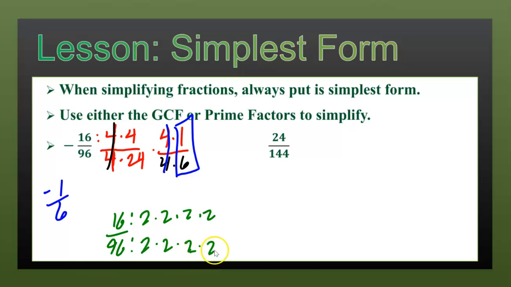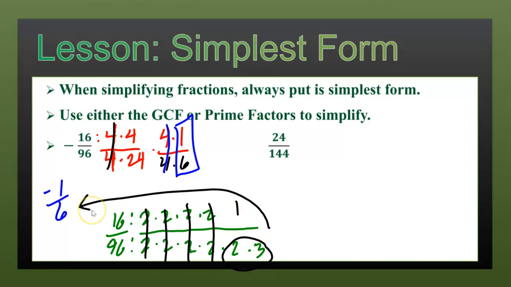And half of 12 is 6. And half of 6 is 3. So here's 2 times 2 is 4. 4 times 2 is 8. 8 times 2 is 16. 16 times 2 is 32. And 32 times 3 is 96. Now, if I look at what I have up here, this 2 divides out, this 2 divides out, this 2 divides out, this 2 divides out. I'm left with 1 on top and 3 times 2 on the bottom, which is your 6.